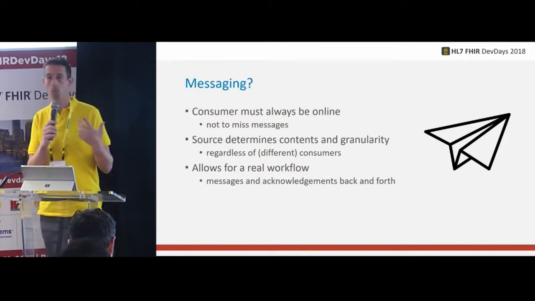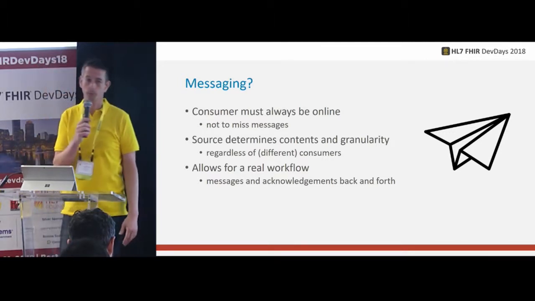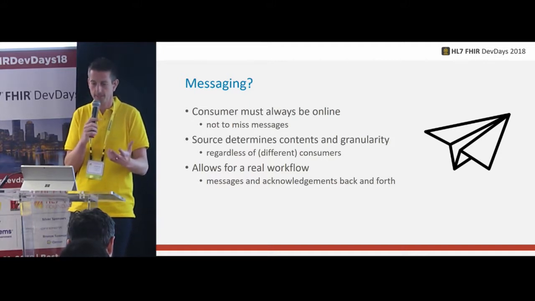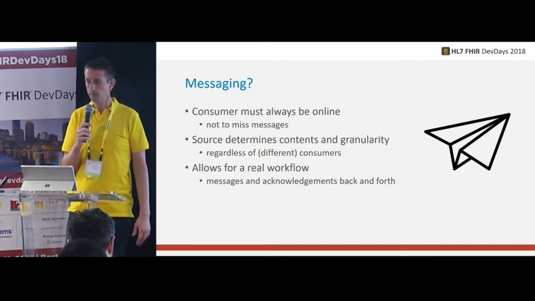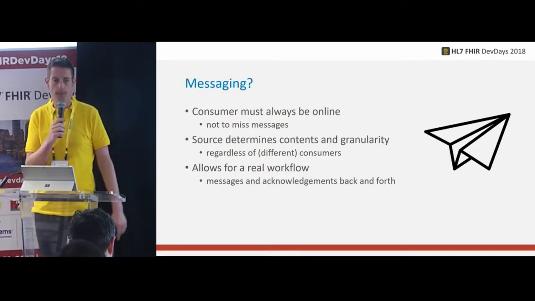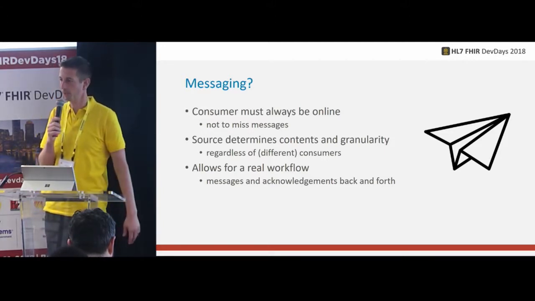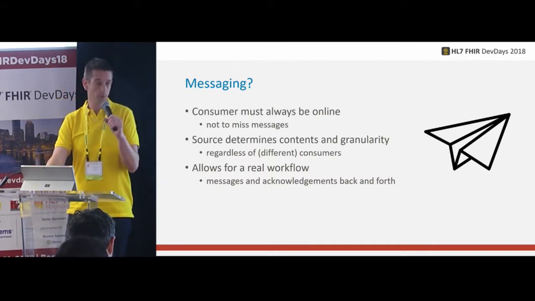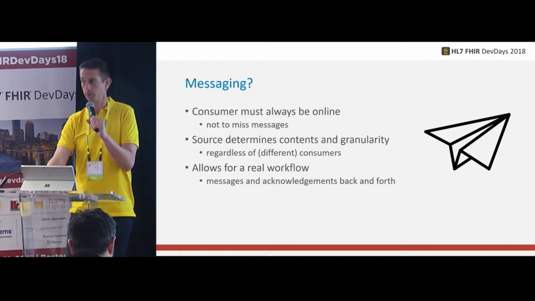But it does allow for a better workflow, because REST is just request and response and that's it. For messages, you can provide a complete workflow with all kinds of messages going back and forth, creating a complete sequence diagram. But you can still do the messaging with the FHIR resources.